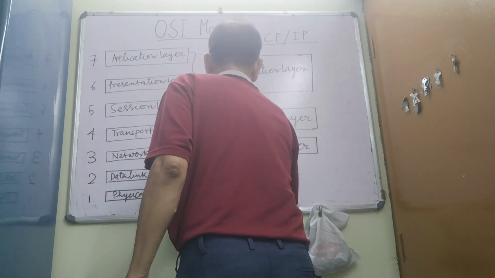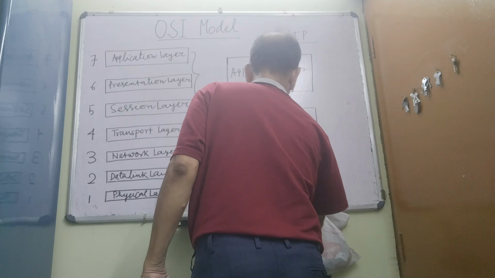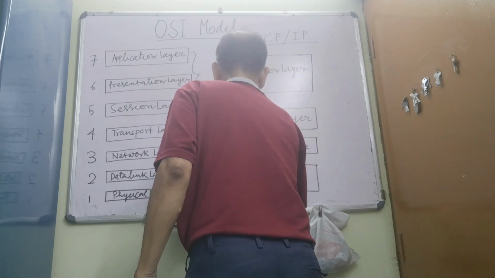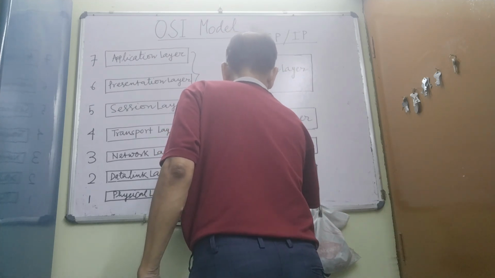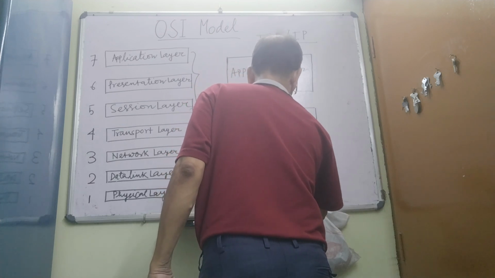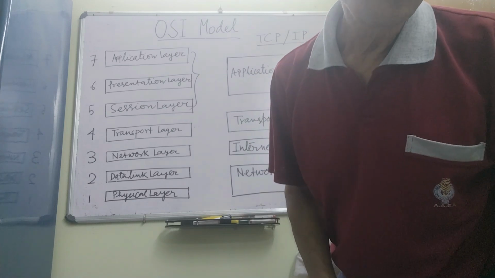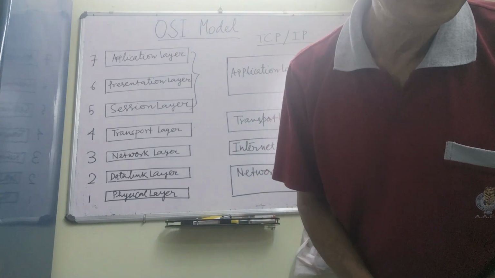These two combine into a layer which is known as network access or link layer.